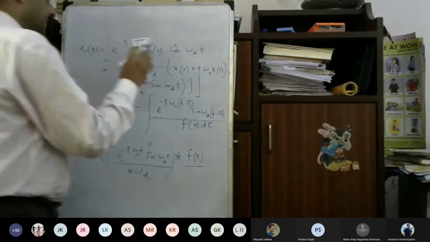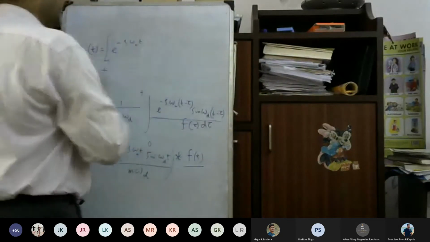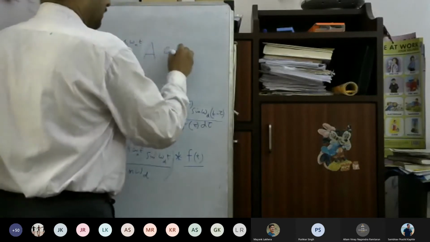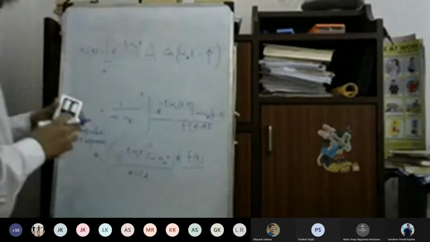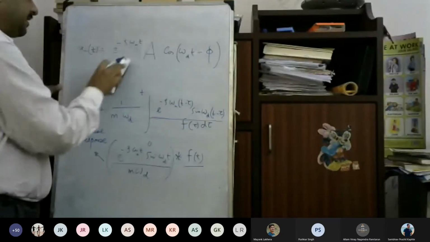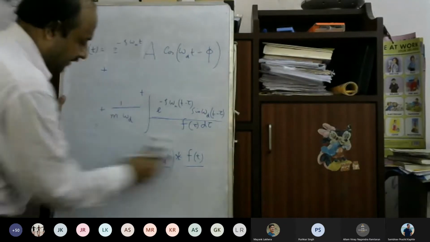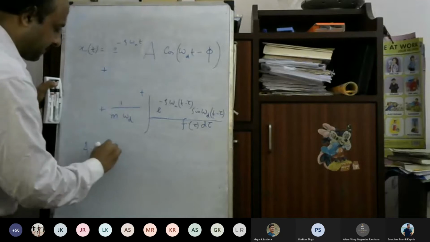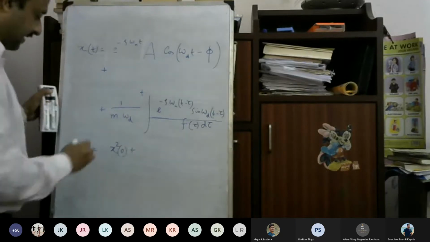So we can write this part as, let us say, the amplitude times cosine of omega d t minus phi, where the amplitude is the term corresponding to this one, x naught square plus what was that, the other term.